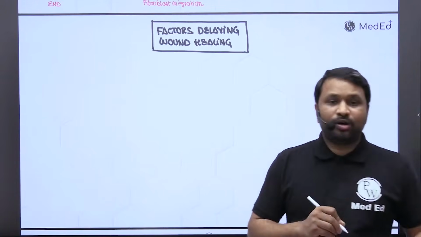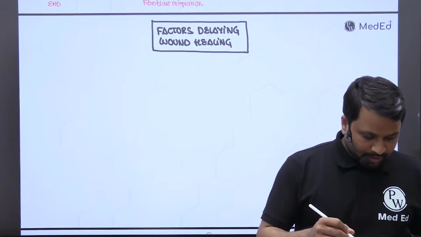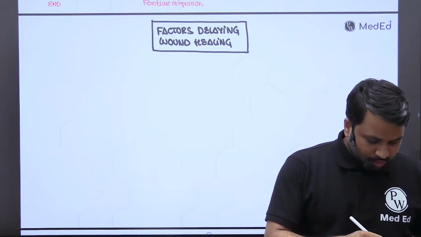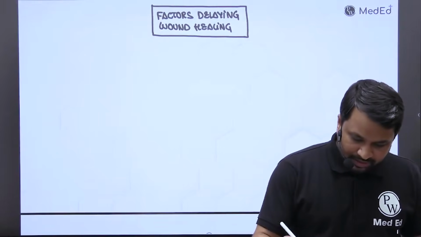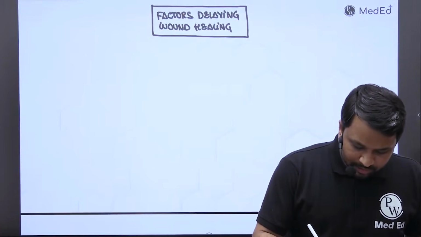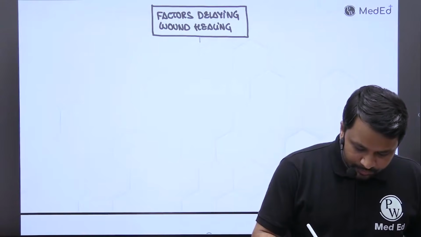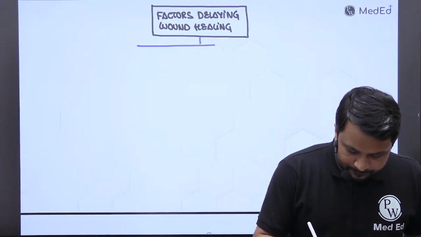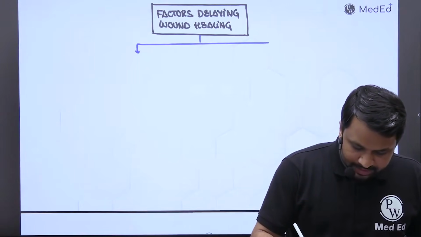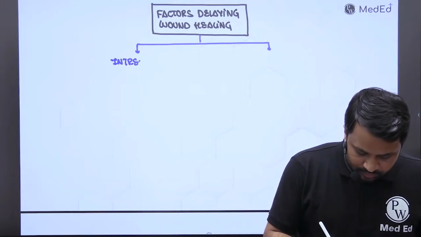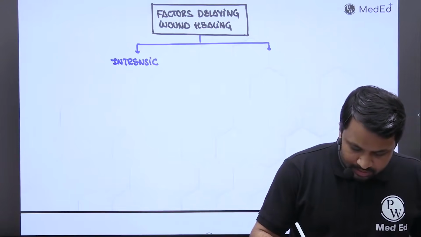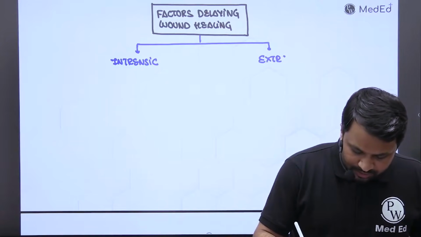When I talk about factors that delay wound healing, I'm going to write them into 2 contexts, the intrinsic and the extrinsic factors. So you immediately make them into 2 separate tables.